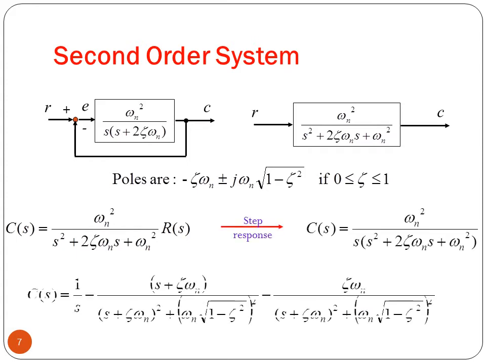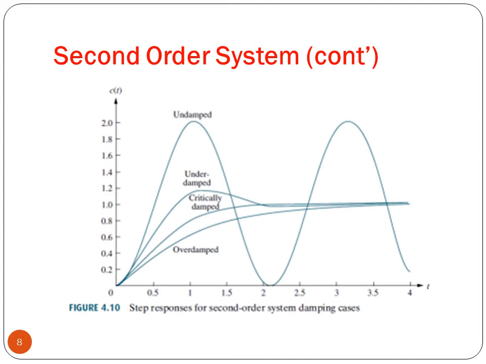and we can see also how to decompose the system in order to get the time domain output. So in fact, for a second order system, we can categorize it into 4 different outputs: the overdamped and the critically damped.